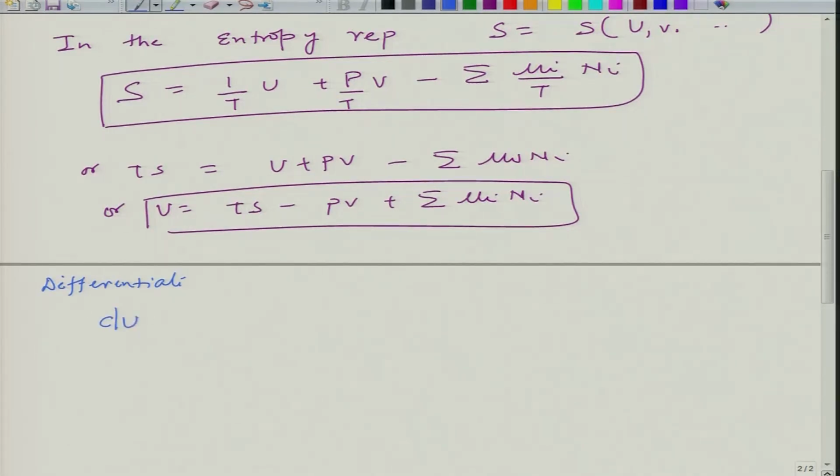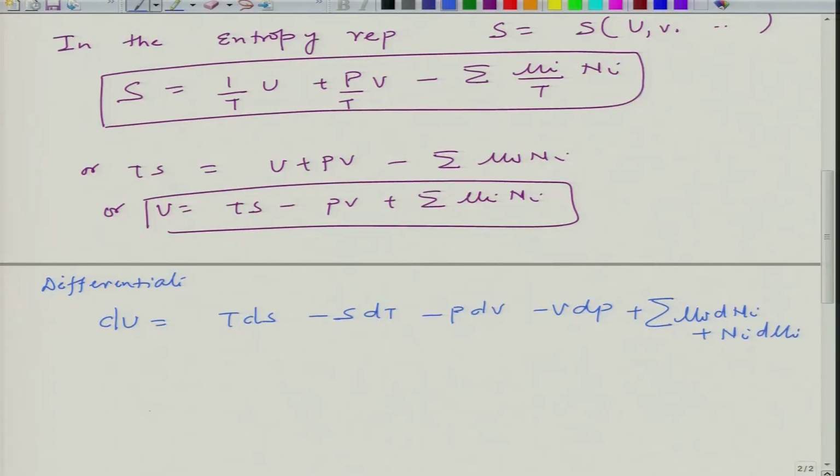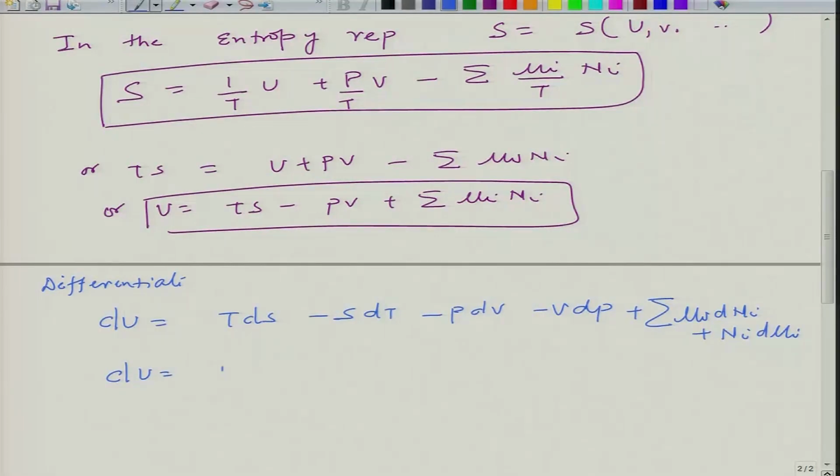We get dU equal to T dS plus S dT, and from here minus PV gives minus P dV minus V dP, and then you have plus summation mu i dN i plus N i d mu i. Okay. Now, earlier we know the fundamental expression of internal energy in differential form is dU equal to T dS minus P dV plus summation mu i dN i.